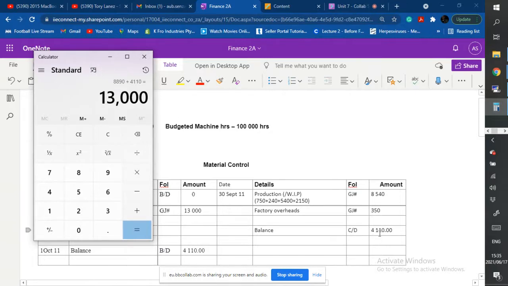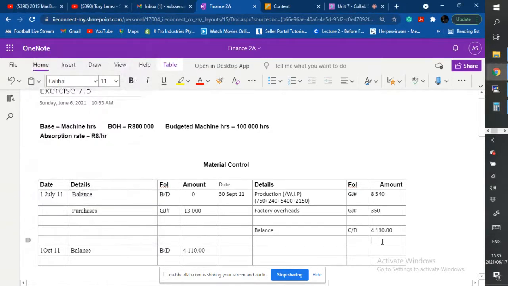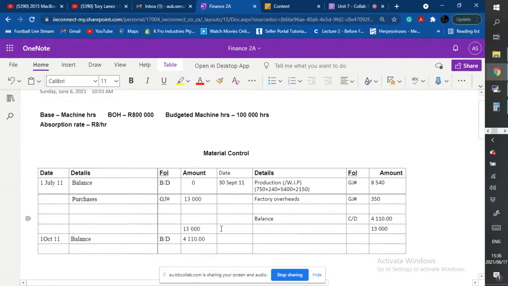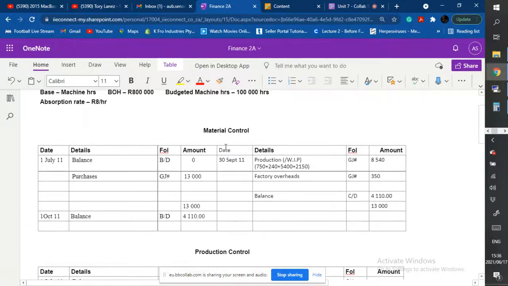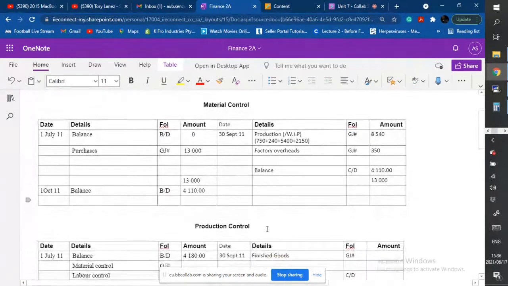Yes, because this is balance carried down, my bad. You can see this credit side is smaller because it's just those two amounts, and here you can see this is 13,000. So we're just going to plug in that 13,000. We didn't actually need to calculate. I accidentally was including the balance carried down. You can see that these two amounts are less than the 13,000 over here. So we are done with your material control account.